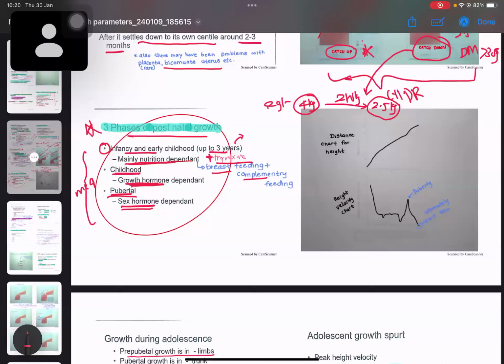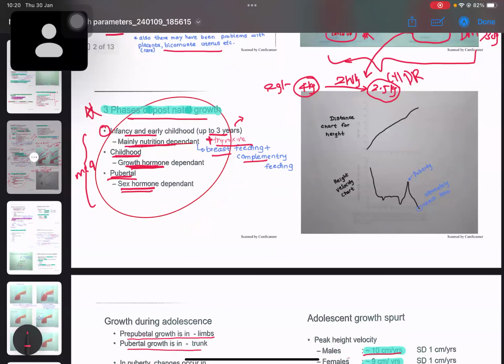Okay. And in human life, there are 2 peaks of growth, we would say. The first peak would be in utero, and the second peak of growth will be during puberty. There will be 2 peaks in height, usually. Okay, in utero, and then the next peak will be during puberty.